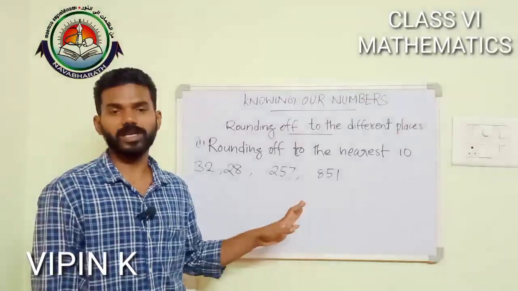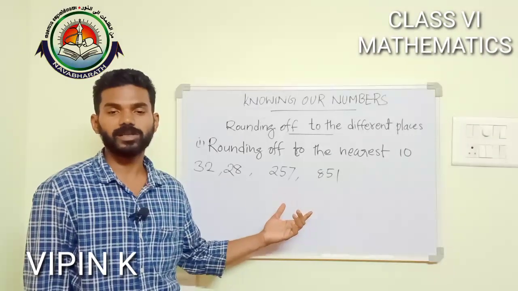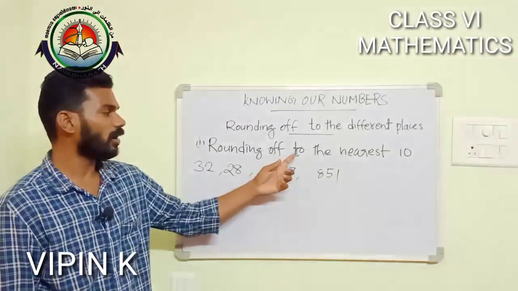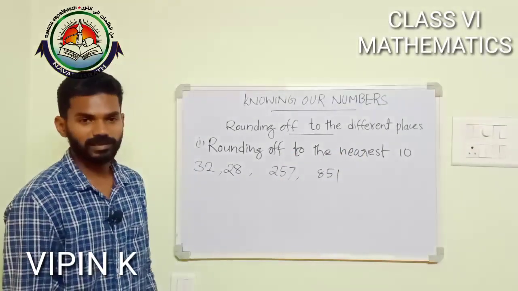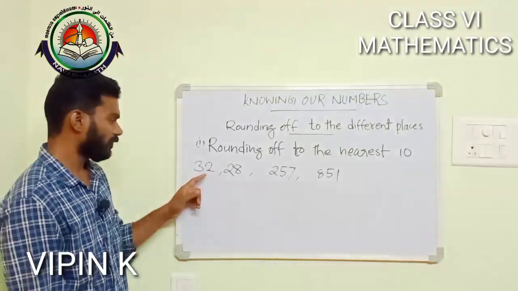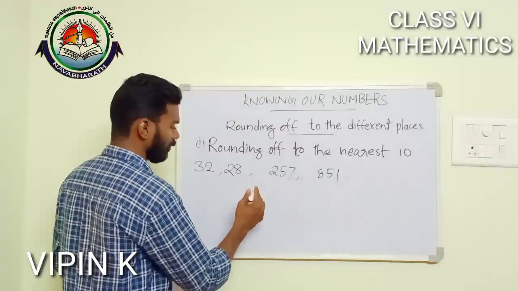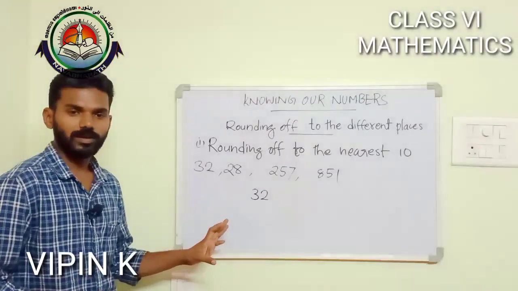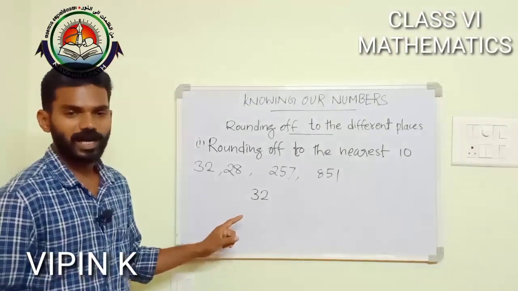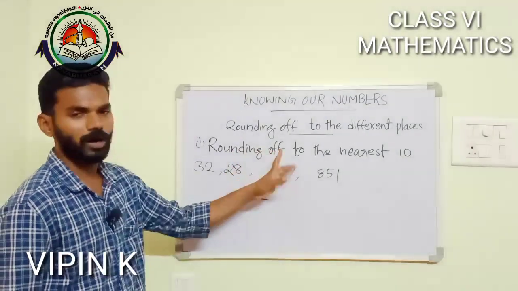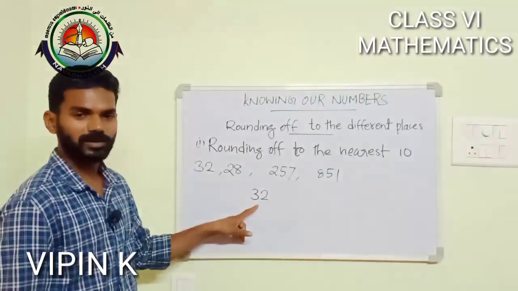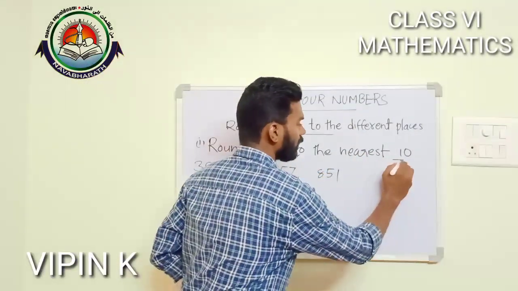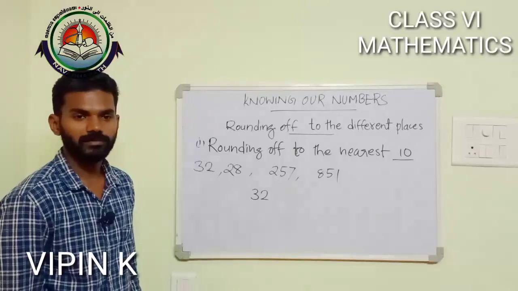So let's take some examples and discuss the concept of rounding off to the nearest 10. For that, first we consider the number 32. Here the problem is that you have to round off this number 32 to the nearest 10.